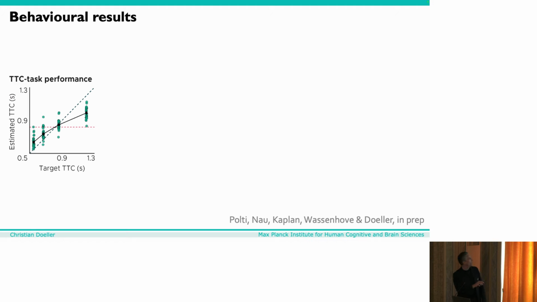So when you plot the target TTC against the estimated TTC, you see that people overestimate the short TTCs, so they think it actually takes longer, and the long TTCs they underestimate, so they think it takes less long, and you see this trend towards the mean.